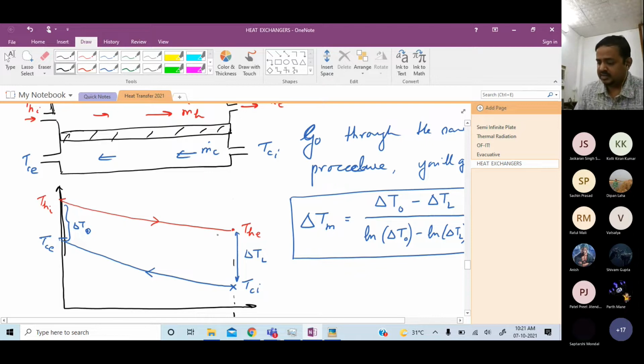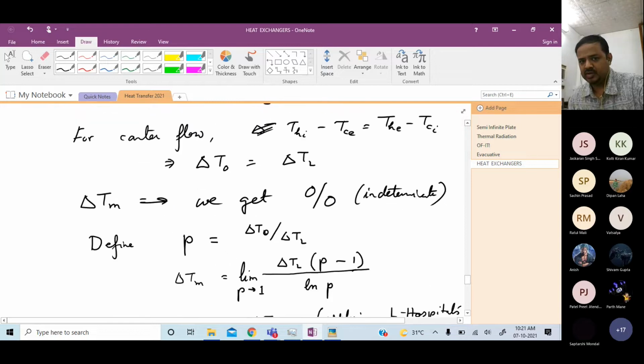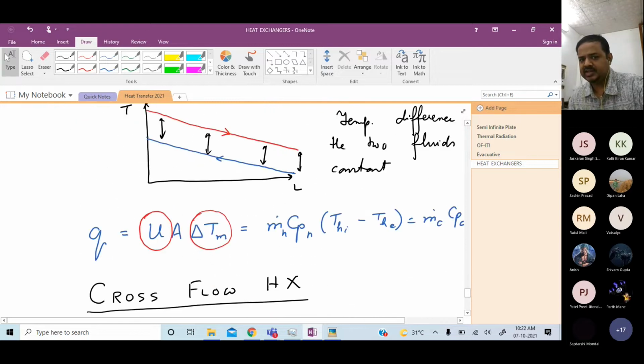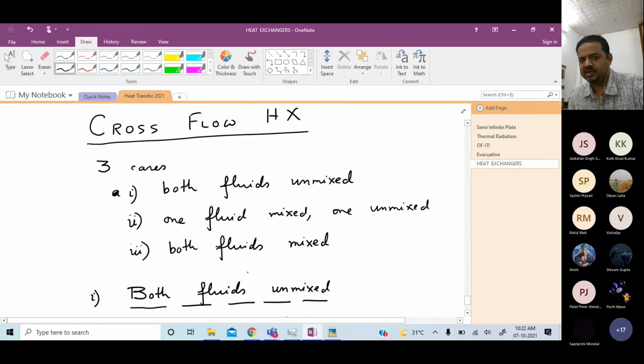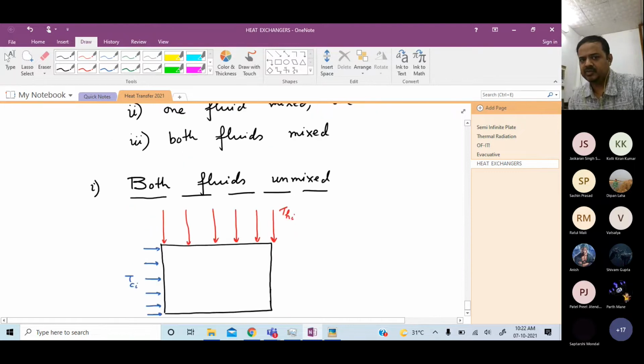In a counter flow heat exchanger, the hot fluid exit temperature can be below the exit temperature of the cold fluid. In parallel flow, it's not possible. It can at most be equal. But here it can go below, but not below the inlet of the cold fluid. So keep in mind that in any heat exchanger, THI is the hottest temperature and TCI is the coldest temperature.